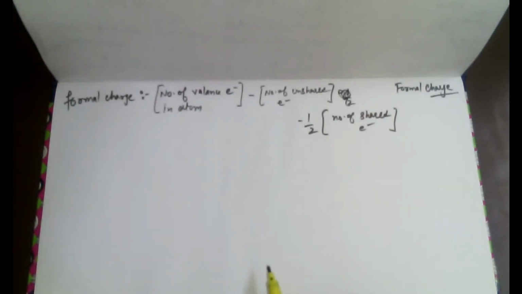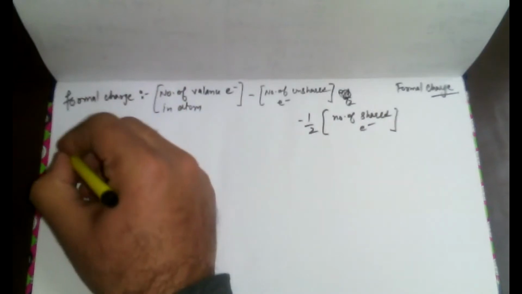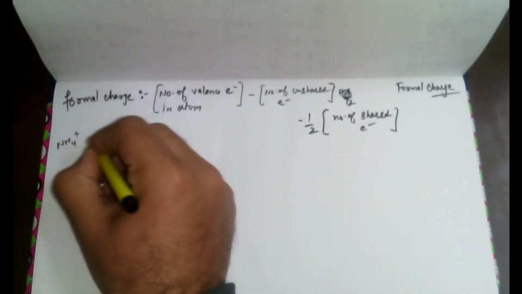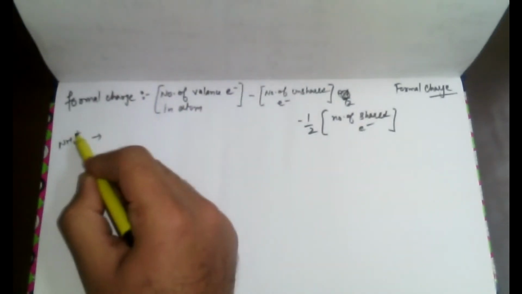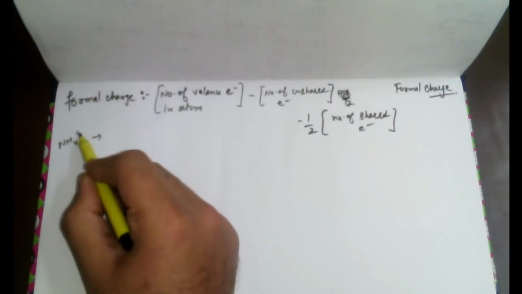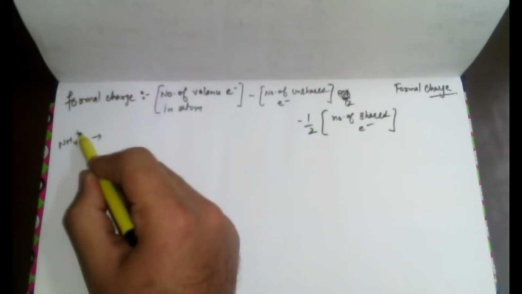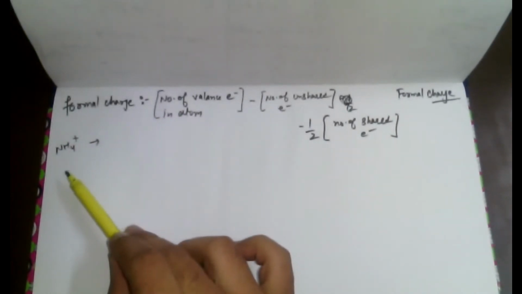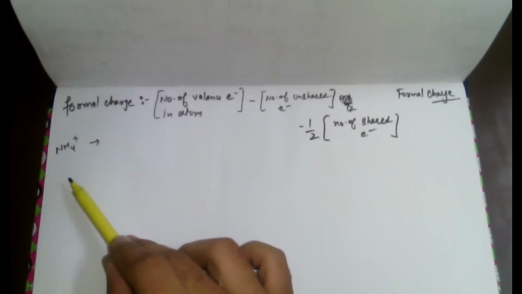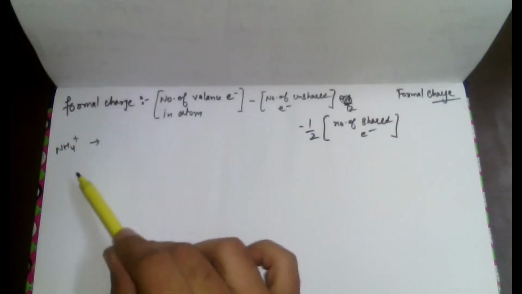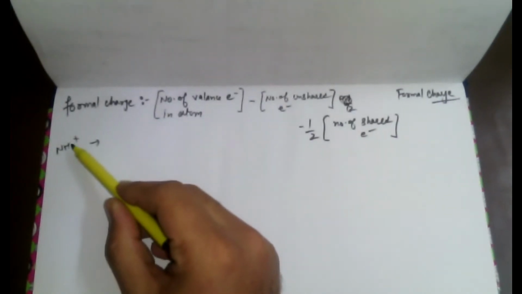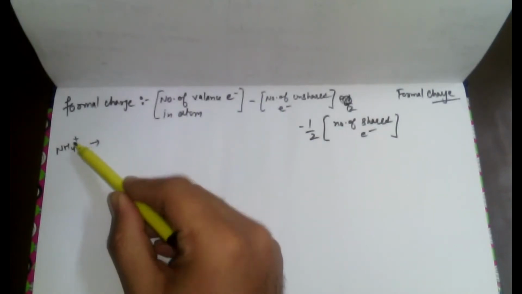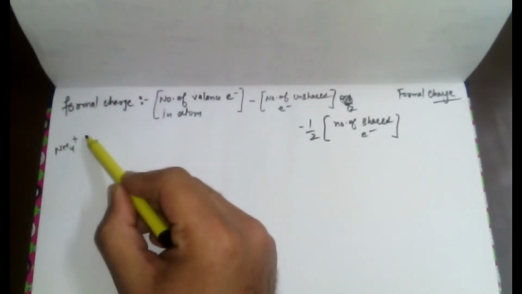If I am having the structure of NH4, that is the ammonium ion, this plus sign means that it loses one electron. If it were 2 plus, it means that when we calculate the total valence electrons in a molecule, we will subtract from the total, because plus is acting as cationic.